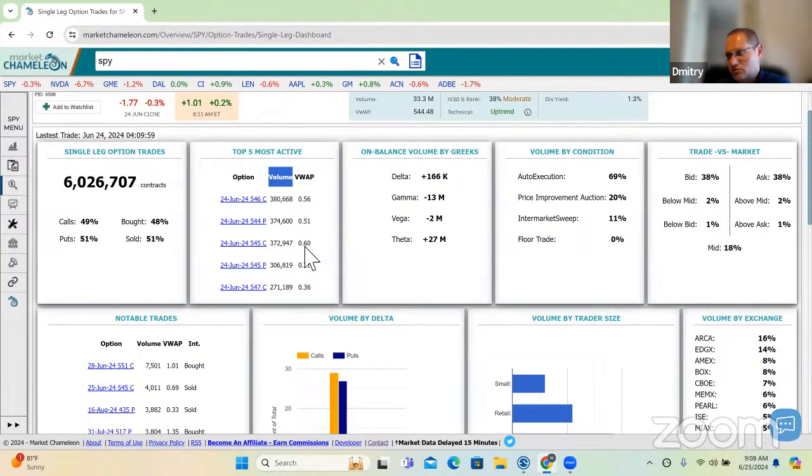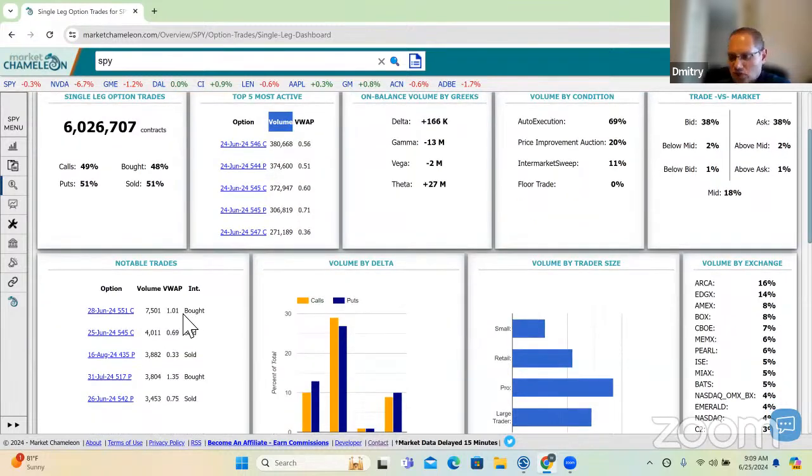So the way volume works is it starts at 9:30, and the more that trades in that option, the volume keeps increasing. The notable trades is when we spot an individual trade that entered the market and then we tag it. And we stopped there yesterday on the notable trades.